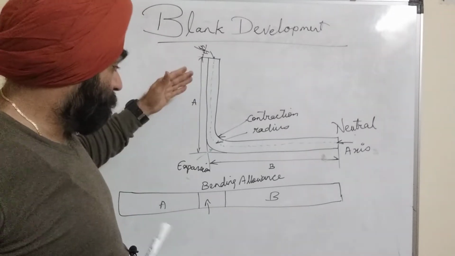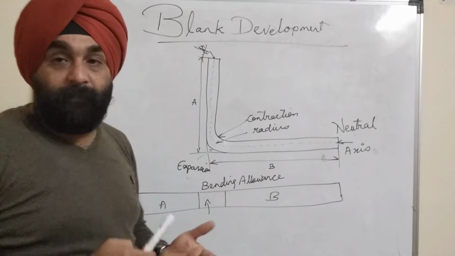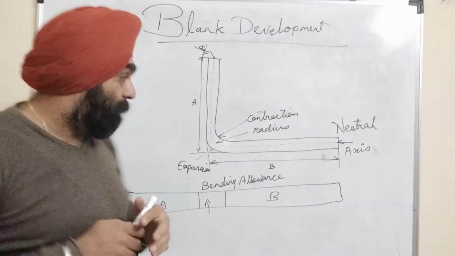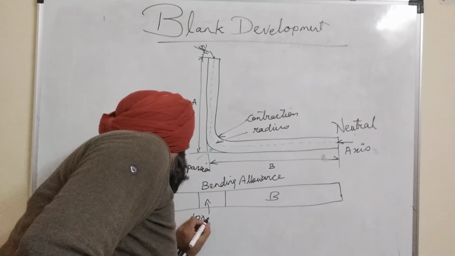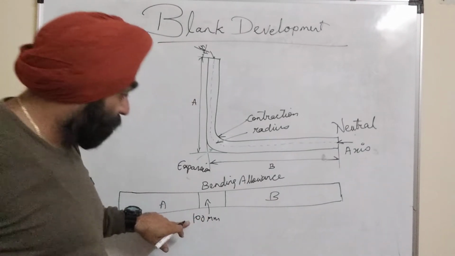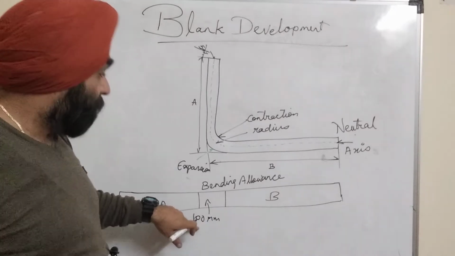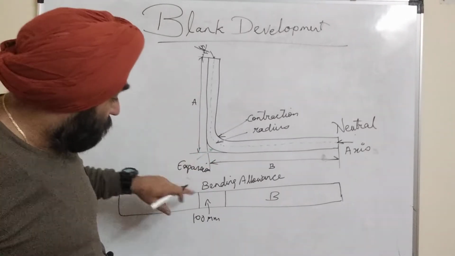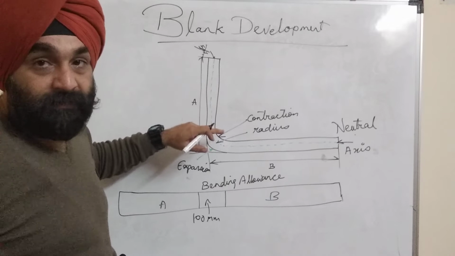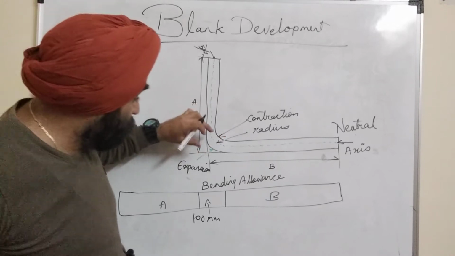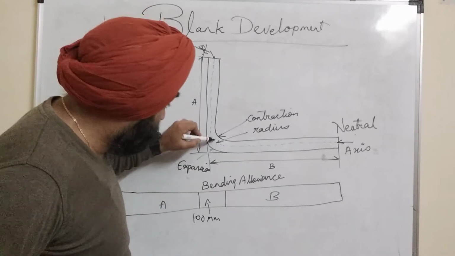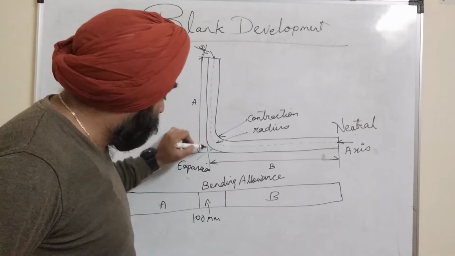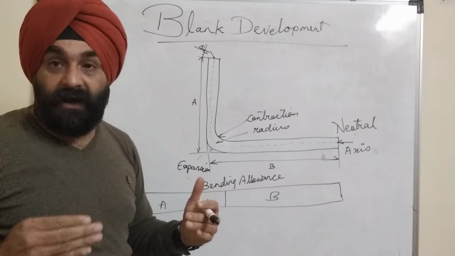Because of this, let's say for example I need to make a blank which is 100 mm. But after bending there will be a shift in the axis, because of which I have to give an allowance, that this part will be given a bending allowance.